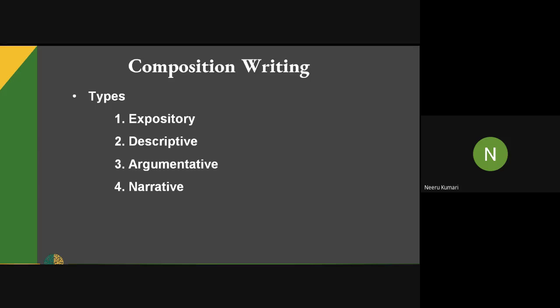But before that, keep these things in mind. We are talking about compositions drafted by management students, could be BBA or BCA. So when we are talking about writing compositions, you should keep these common things in mind.